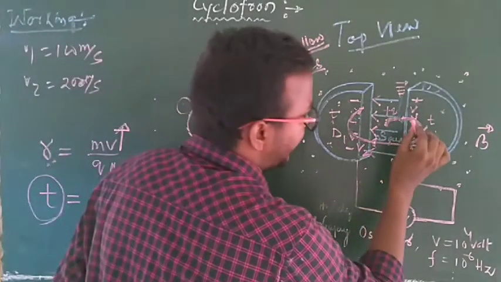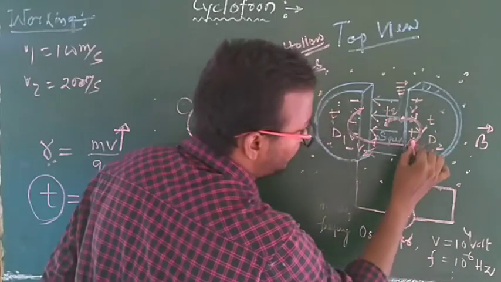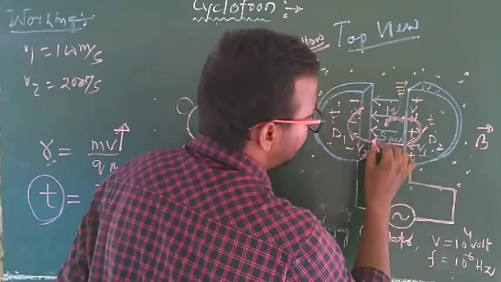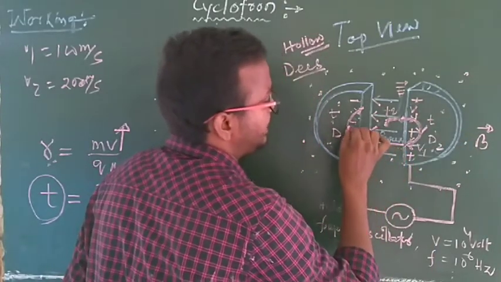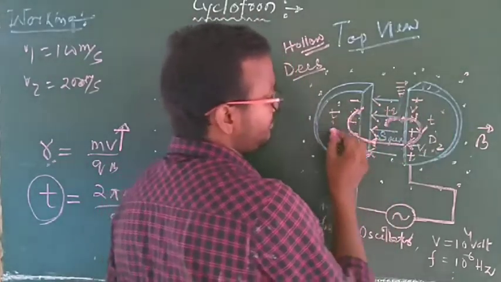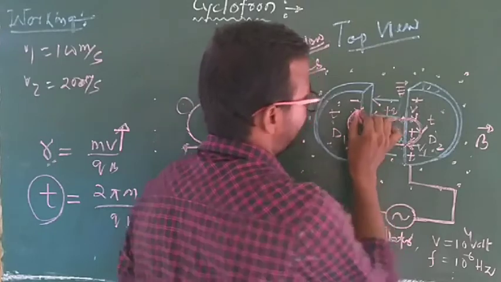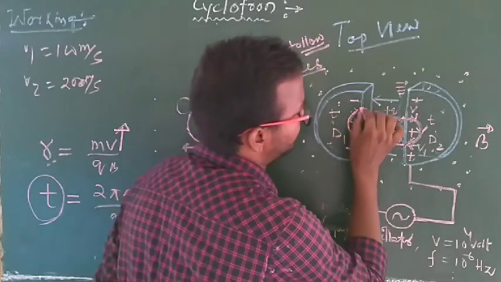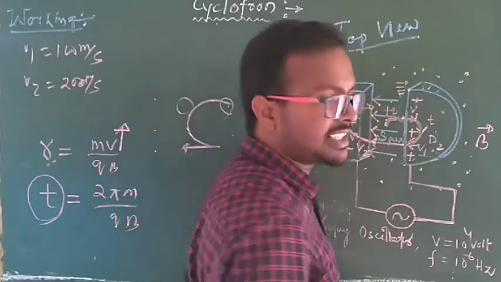So the time taken to complete this circular path is T1, then the time taken by the particle in this circular path is also T1. Clear?